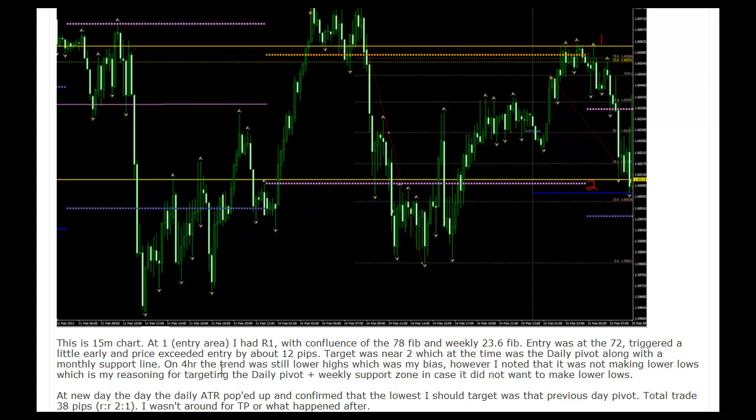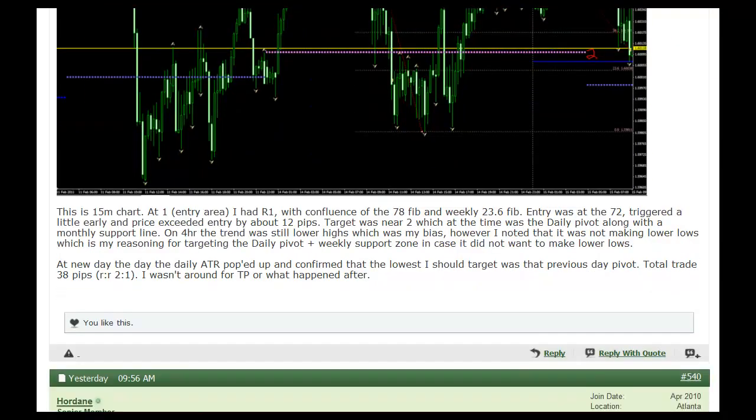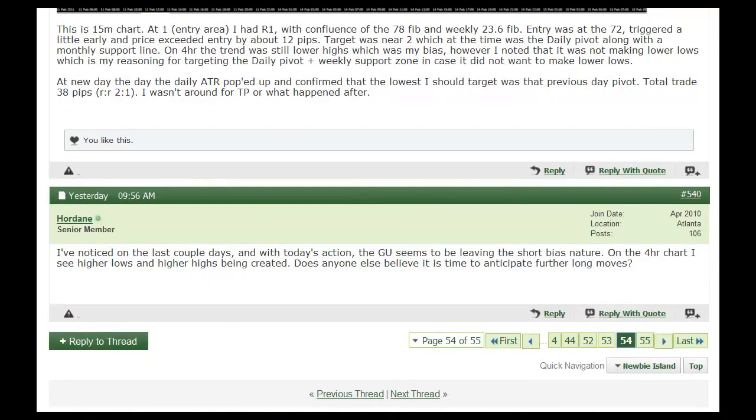After we make a low, you take that low and add the average daily range to it to get your projected high. And if we make a high in the London session, for example, I will take the average daily range and subtract it from the high, and that'll give me my projected low. I did get emails about that, so I just want to clarify that real quick. Awesome trade again.